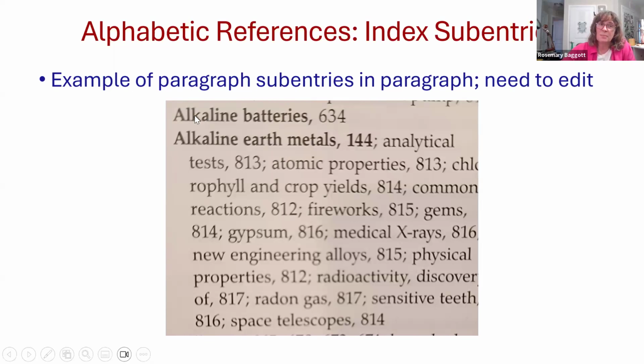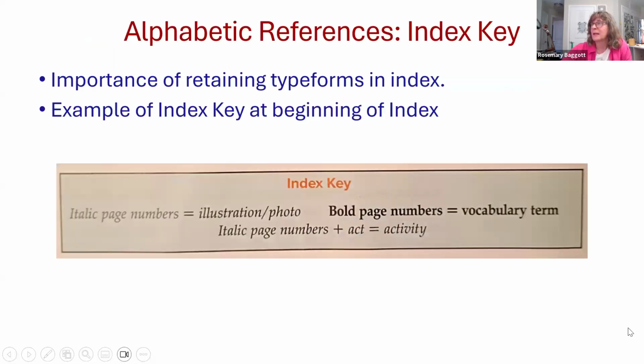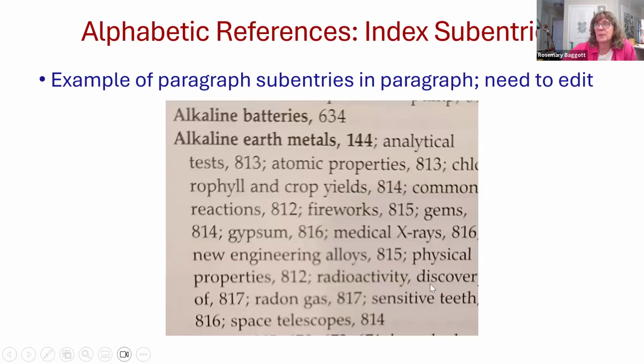I have to change them manually because sometimes there's a page number like 144 here that's in bold type because, going back, it's a page number referring to a vocabulary term. And so that's just an example. The index we have to do some editing on, but it's kind of fun with the formatting already done. It's really fun, I love it, with the formatting that comes in. So we'll demonstrate that later.